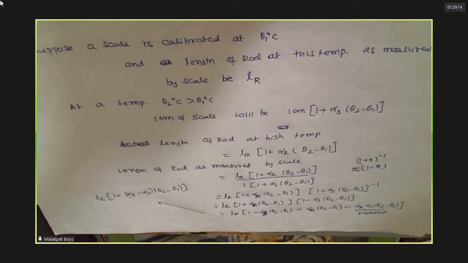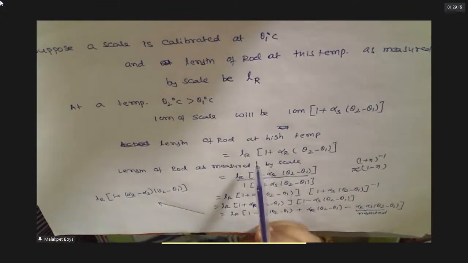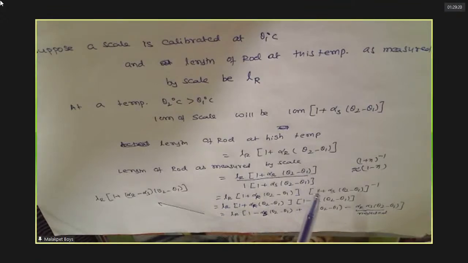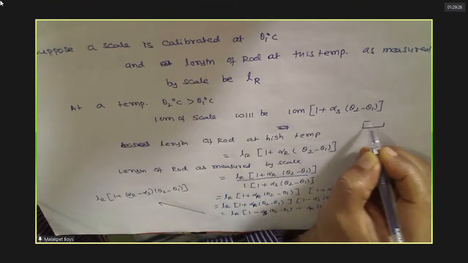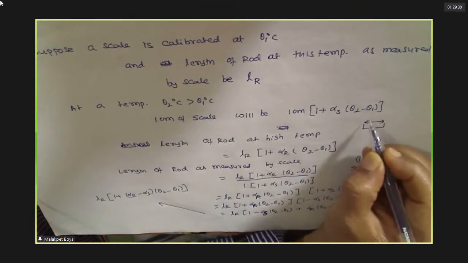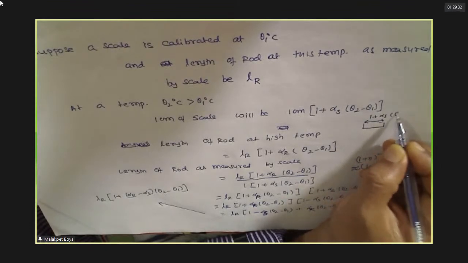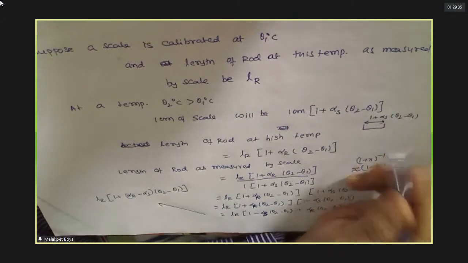Yes, sir. Similarly, here, this is the rod length actually. But that is measured by what? On the scale. In that scale, the marking between two markings is not 1 centimeter. This is actually how much it has become? 1 plus alpha s into theta minus theta 1. Now, how many such marks?